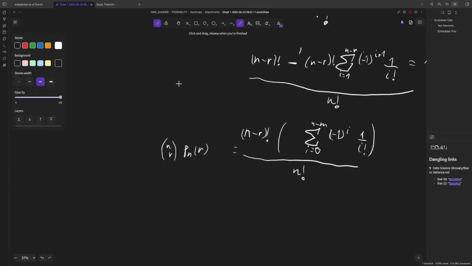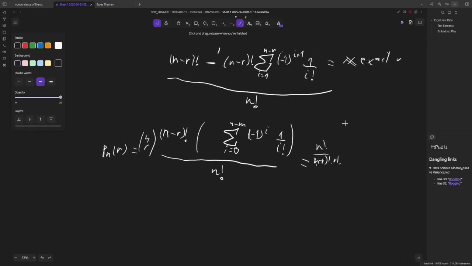So I'm pretty sure we're missing choosing r elements from n, and that will give the correct equation, because it's n factorial over n minus r factorial times r factorial, times n minus r factorial over n factorial, times the sum of I equals 0 to n minus r of minus 1 to the I over I factorial.